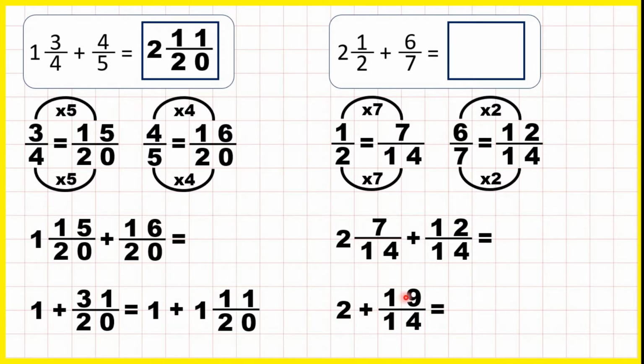So instead of 2 plus 19/14, we can have 2 plus 1 and 5/14, because 19 divided by 14 is 1 remainder 5. So now 2 plus 1 is 3, the 5/14 stays the same, so our answer is 3 and 5/14.